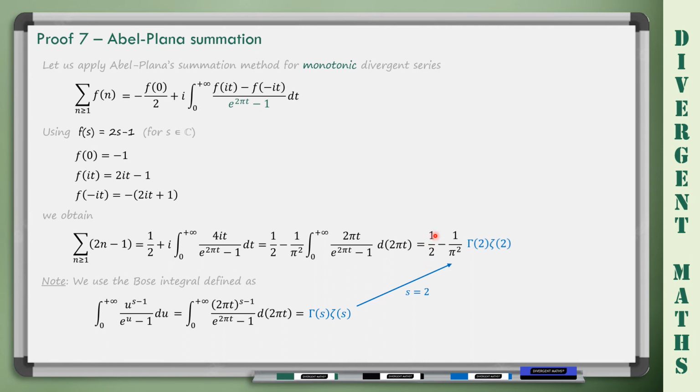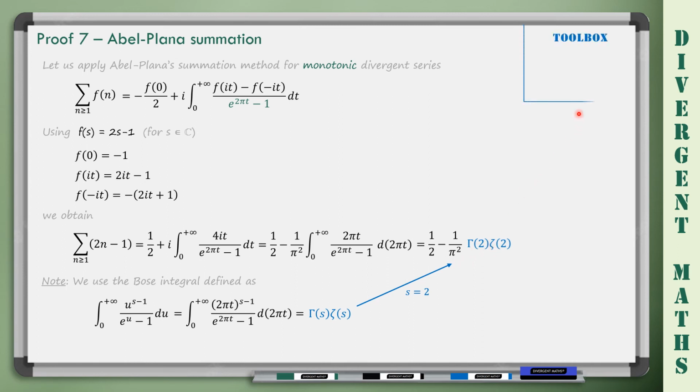So we bring in front the negative 1/2 minus 1 over pi squared. And for that integral, s minus 1 is of course equal to 1. So that value of 1 at the exponent is equal to what we have here. Therefore, the value of that expression is equal to 1/2 minus 1 over pi squared, times gamma evaluated at 2 times the Riemann zeta function evaluated at 2.